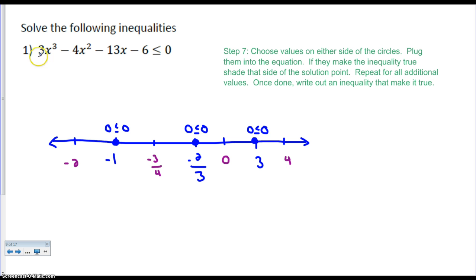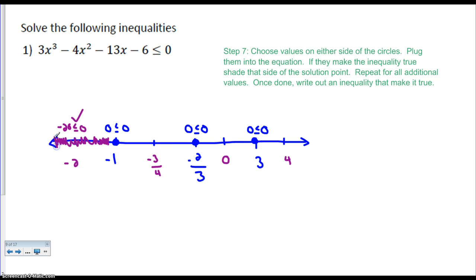So when I plug negative 2 into this inequality, I get negative 20, and is that less than or equal to 0? Yes, that is a solution. And if it is a solution, then I know that anything on this side is a solution.